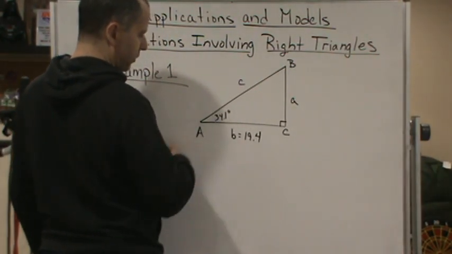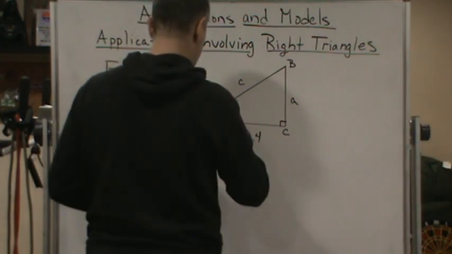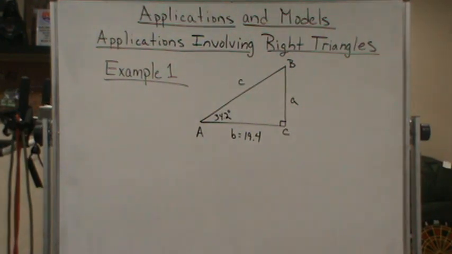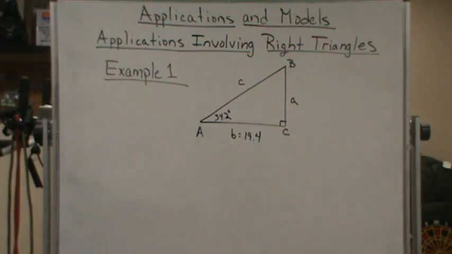This angle is 34.2 degrees. And then our base, B, is 19.4. Okay, so let's use what we know.